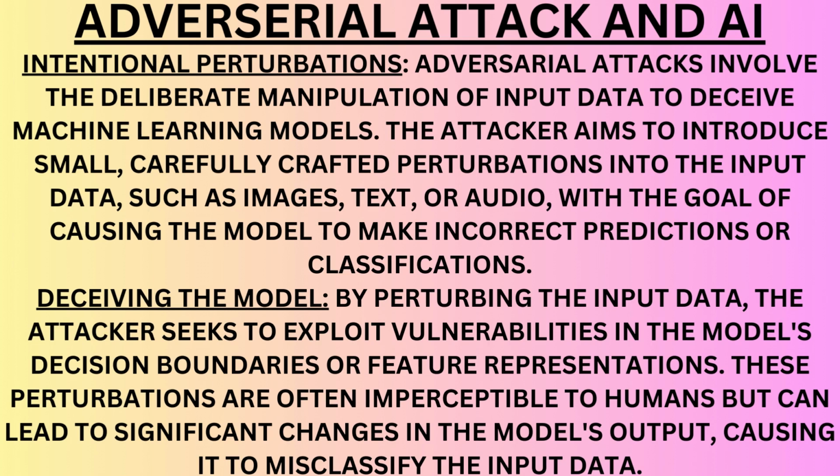By perturbing the input data, the attacker seeks to exploit vulnerabilities in the model's decision boundaries or feature representations. These perturbations are often imperceptible to humans but can lead to significant changes in the model's output, causing it to misclassify the input data.